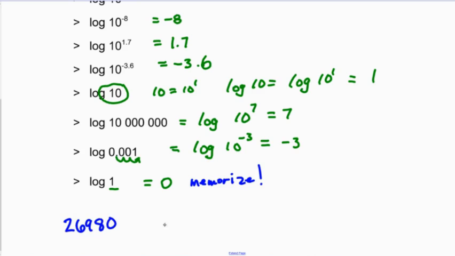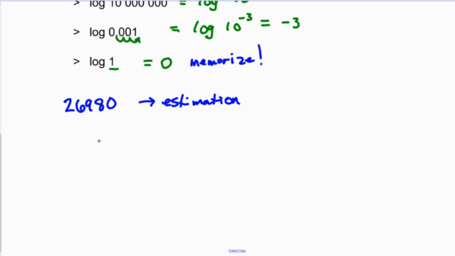Now, let's say you've got a number like 26980. I can get an estimation by writing this in scientific notation. So I can write that as 2.6980 times 10 to the power of 4, scientific notation.